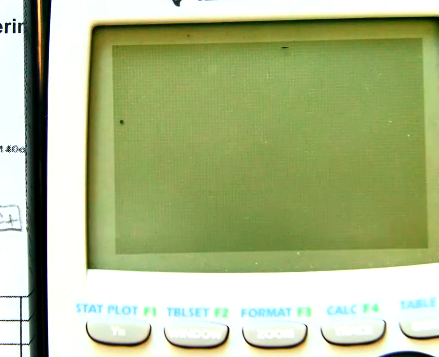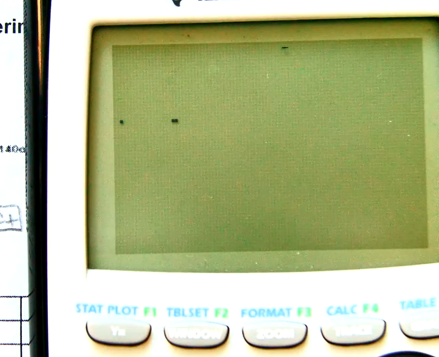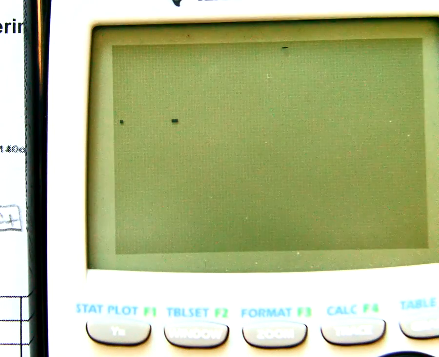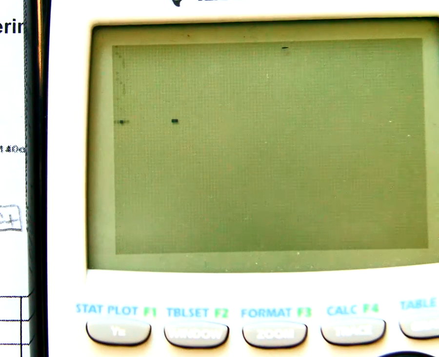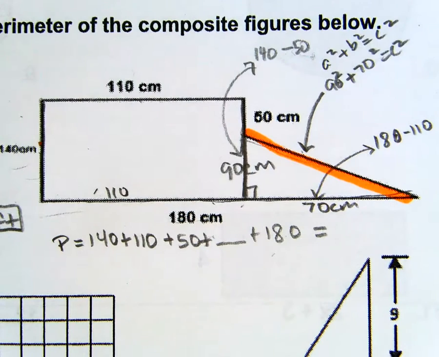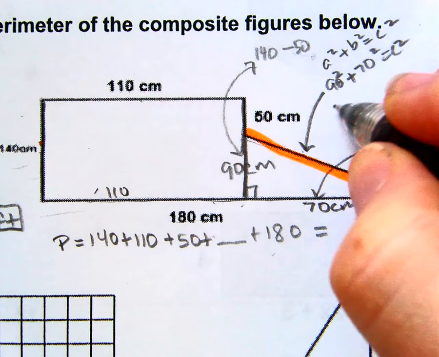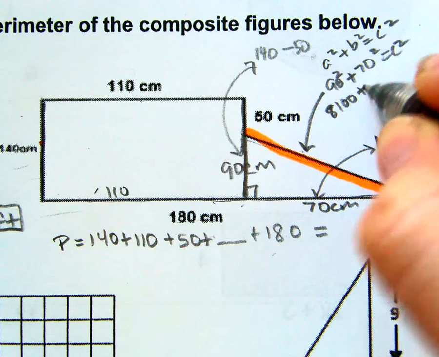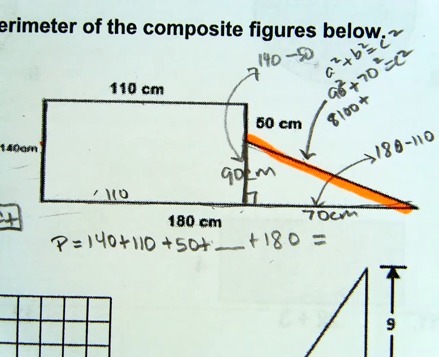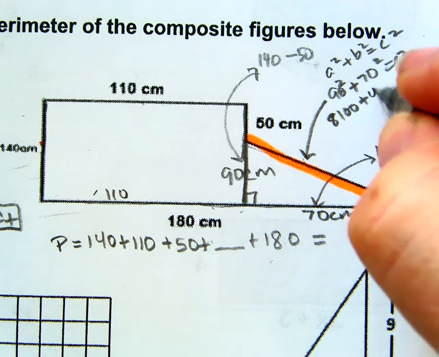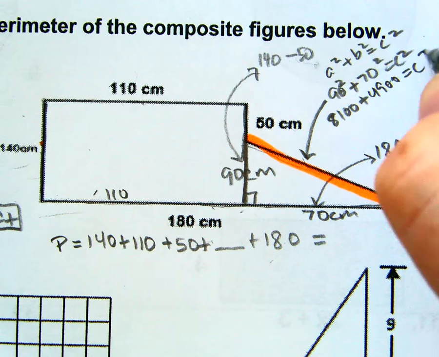And if I just put my calculator up here and do, well, my calculator just died, of course. 90 squared plus 70 squared. Let's see, 90 times 90 is 8,100 plus 70 times 70, which is 4,900.